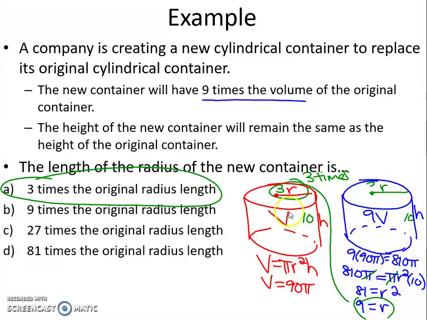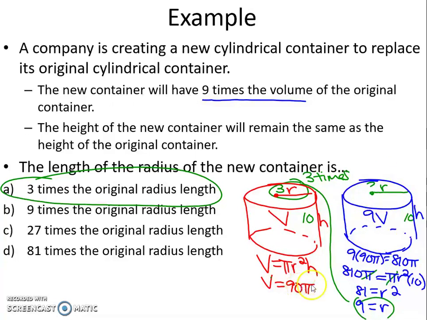This is V, and this is 9 times V. Radius, radius. We're going to put some numbers in. Let's make up numbers 10 and 10, since they have the same height, and let's say this radius is 3. Then the volume for this will be pi r squared h, so 3 times 3 is 9 times 10, which is 90 pi. I don't know the radius for the other one, so we have to look and say, okay, 90 pi times 9.